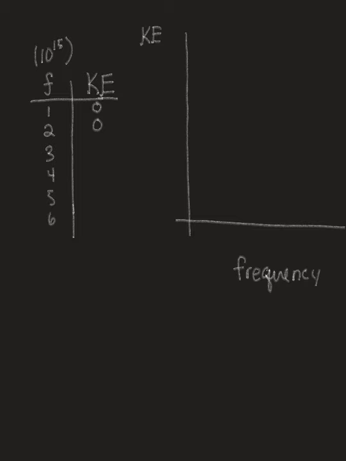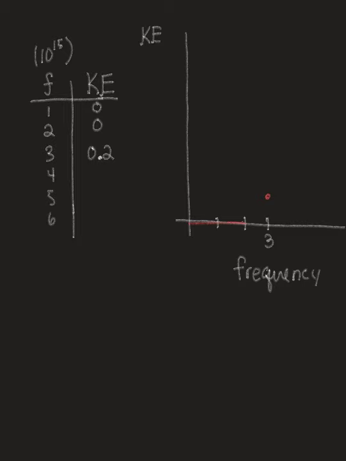And I get really slow emission for a frequency of 3 times 10 to the 15th. What this means is I have a function that looks something like this. 0, 0, 0, 0. And at some point, it turns over and has this inflection point. We call that the cutoff frequency.